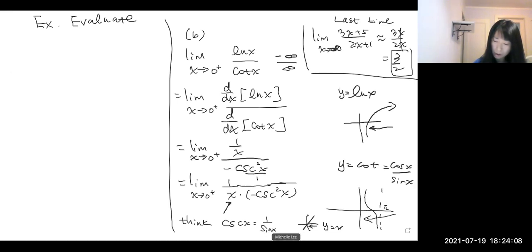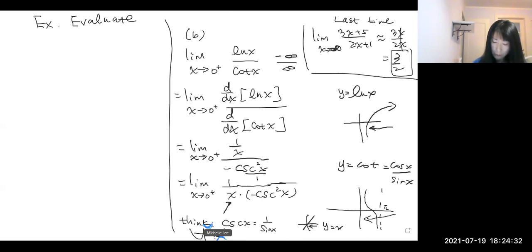So 1 over sine x, where sine starts at 0 like that, and the asymptote of cosecant x will be like this. The blue one is cosecant x.